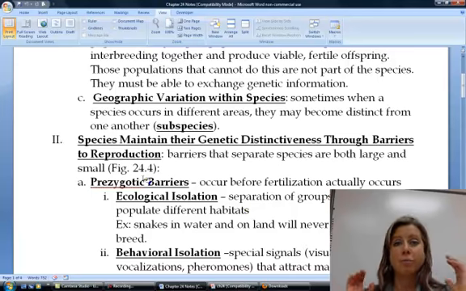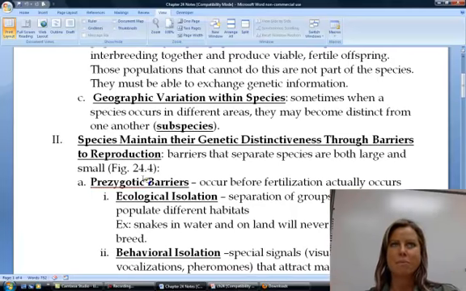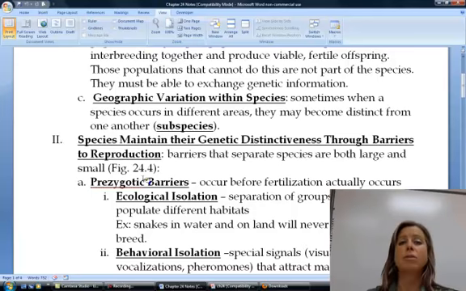You can have prezygotic barriers, which happen before fertilization. Those are things that will keep two species from even trying to fertilize. And then on the other end are postzygotic barriers, which are barriers that happen after the zygote has formed. So a zygote comes together, but then something happens.